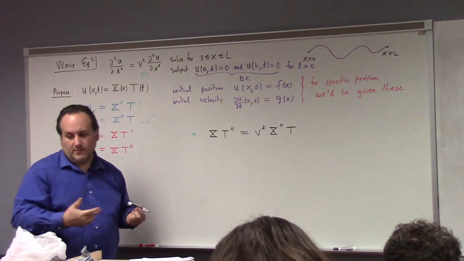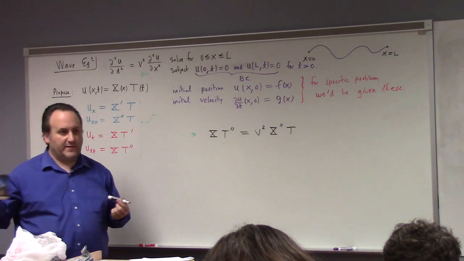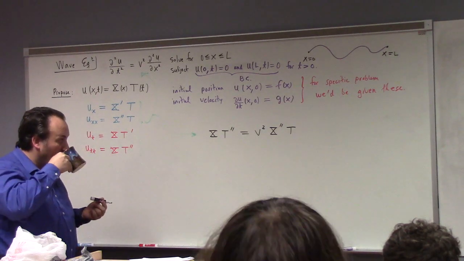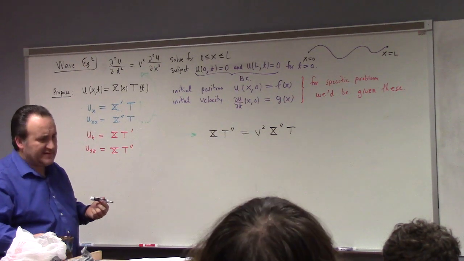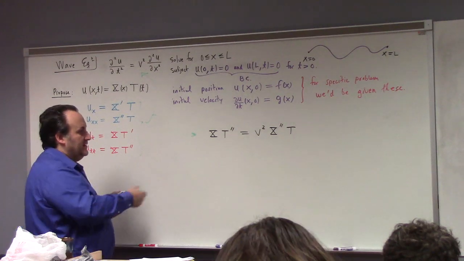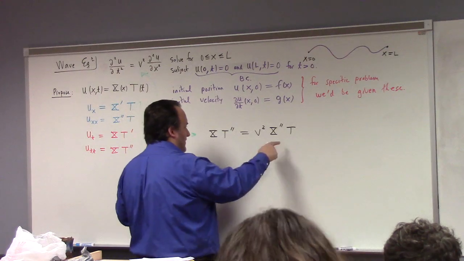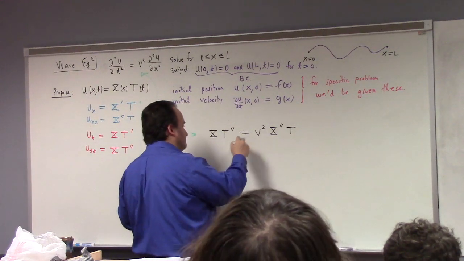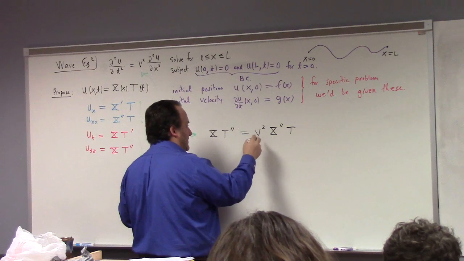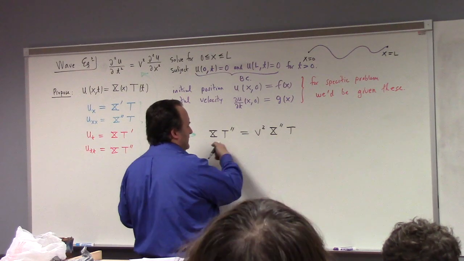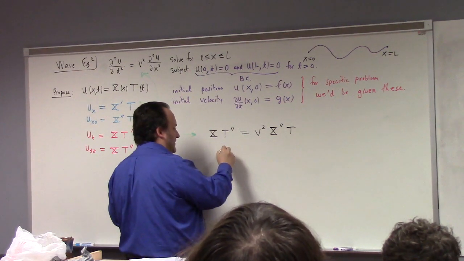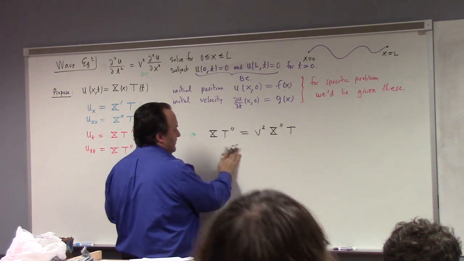And then the way you use the separation of variables, the next step here is to divide by the product solution, and that will reveal something pretty neat. I'm actually going to put the v squared over there too. So I'm going to rewrite this as T prime prime, sorry, one more step.